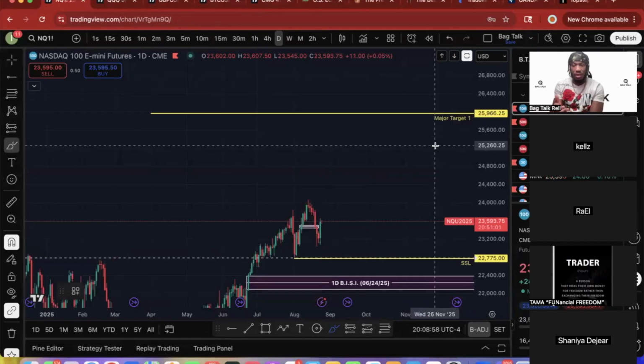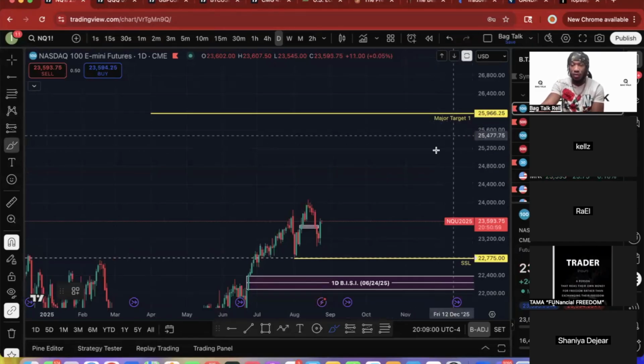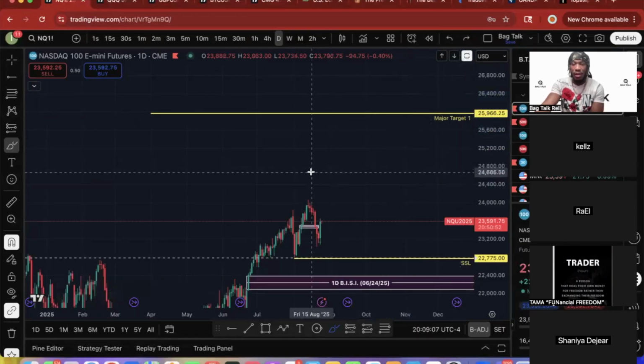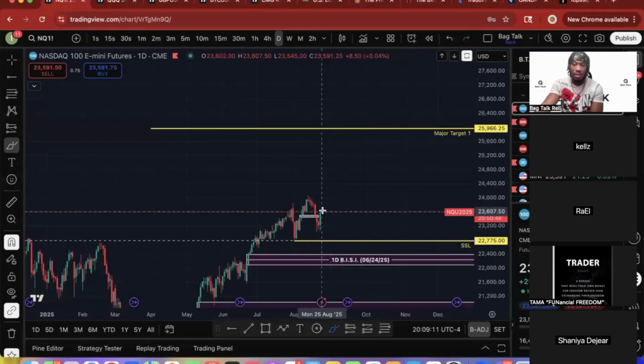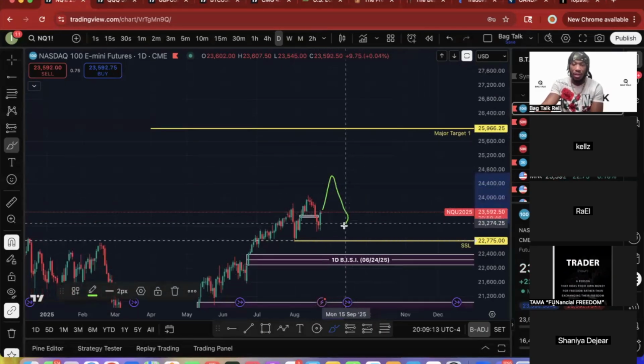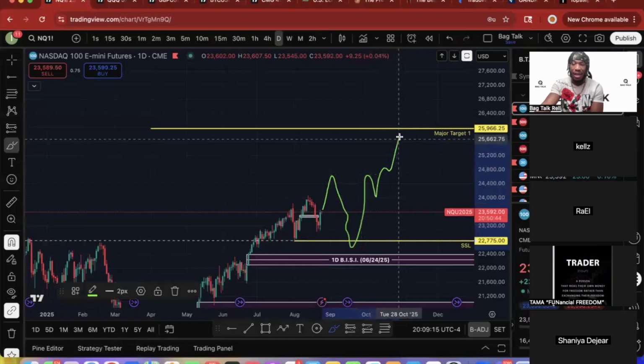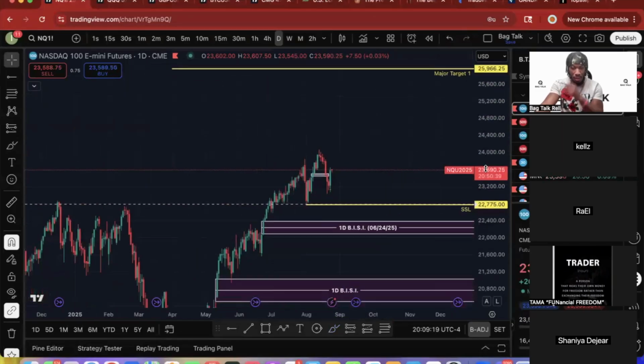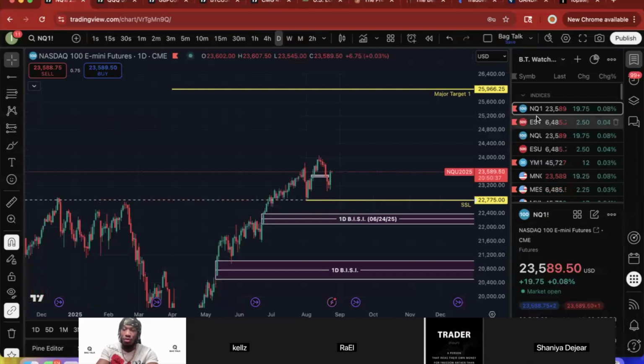Every 3 months there's a contract change, so it changes the numbers on the right side of the screen. So I don't like giving these targets on futures charts these days. When I say I think every dip will get bought until we get to this line, I do feel like anytime we dip in the market, it's going to get bought until we at least come here on the futures chart. But I'll show you that on QQQ instead. I've already given that target on QQQ, but it's cool.